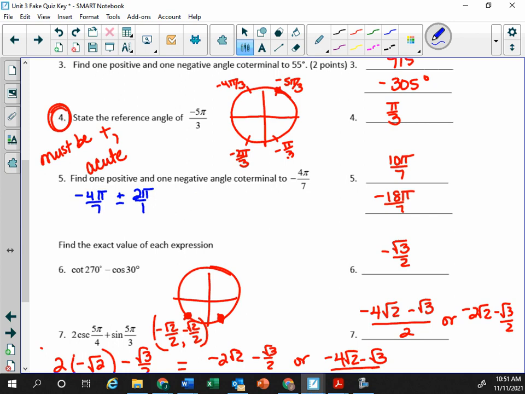So you just need a common denominator to do that. So 2 pi would be 14 pi over 7. So negative 4 pi plus 14 pi is 10 pi over 7. Negative 4 pi minus 14 pi is negative 18 pi over 7. Okay. If it's in radians, I want radian answers. If it's in degrees, I want degree answers. Okay?